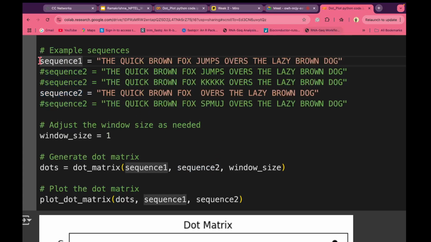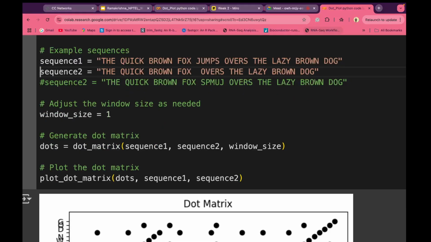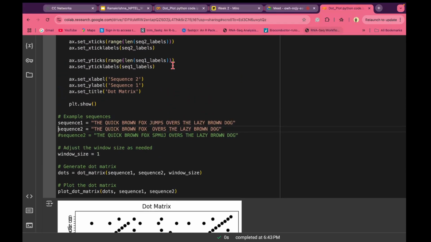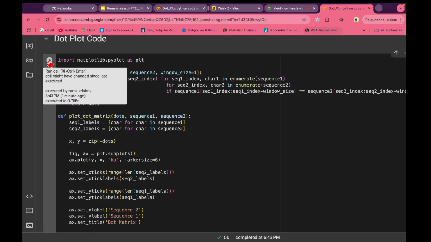The word "jumps" is missing. Yeah, the word "jump" is missing, so this is a deletion happening in the sequence. Now I want to see what happens during the deletion scenario, or in the other case, an insertion in sequence 1 or deletion in sequence 2.